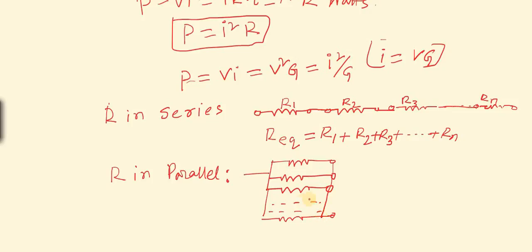Just connect end to end and write down. This is our R1, this is our R2, and this is Rn. If this is the case, then the equivalent resistance in a parallel circuit is given by the equation 1 by R equivalent is equal to 1 by R1 plus 1 by R2 plus 1 by Rn.